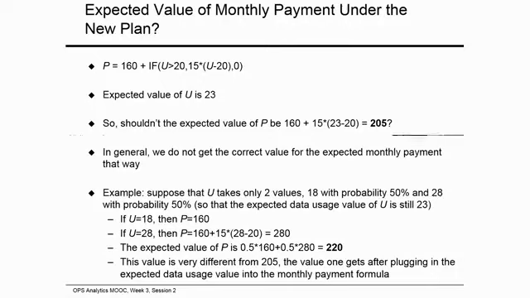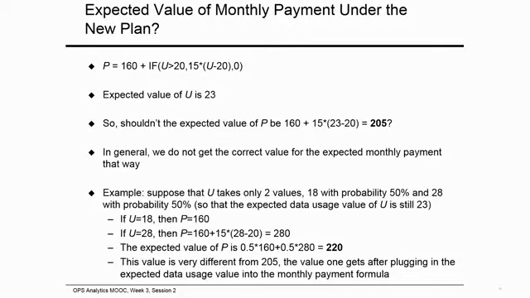The expected value of P is 0.5 times 160 plus 0.5 times 280, $220.